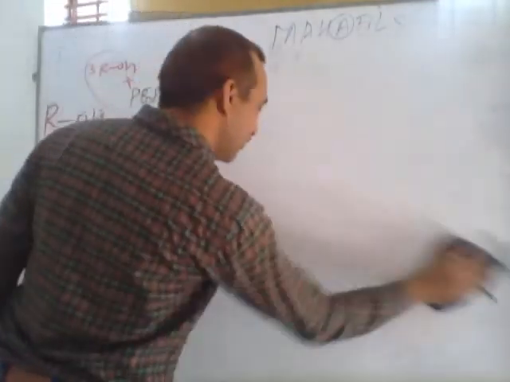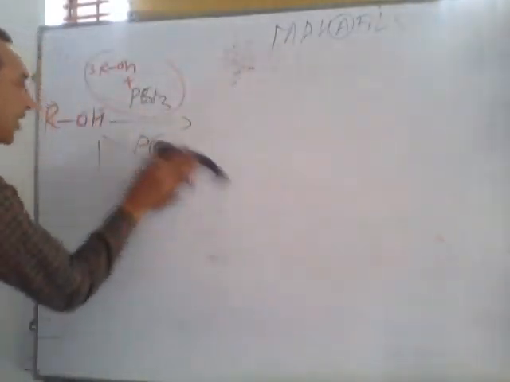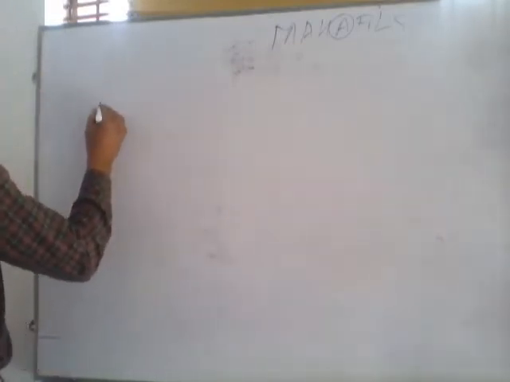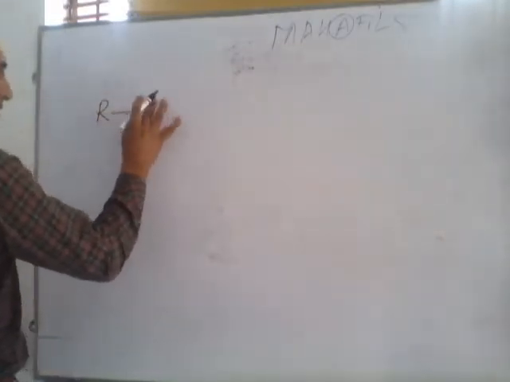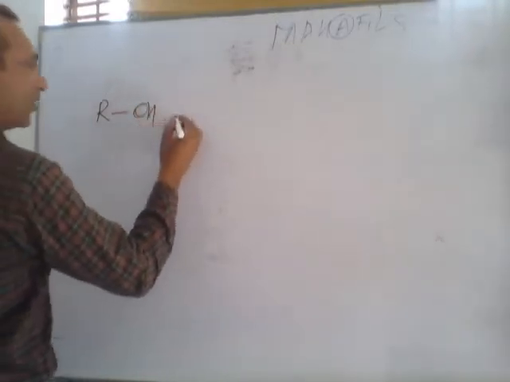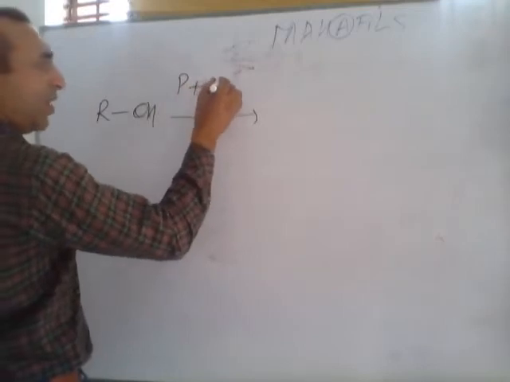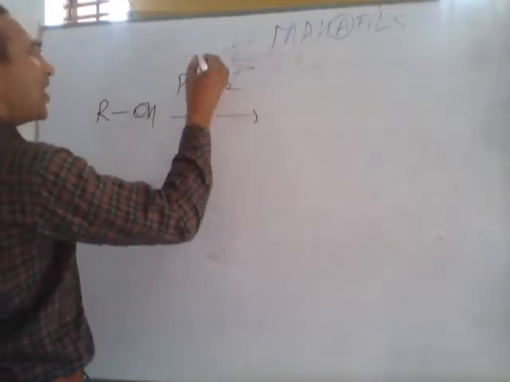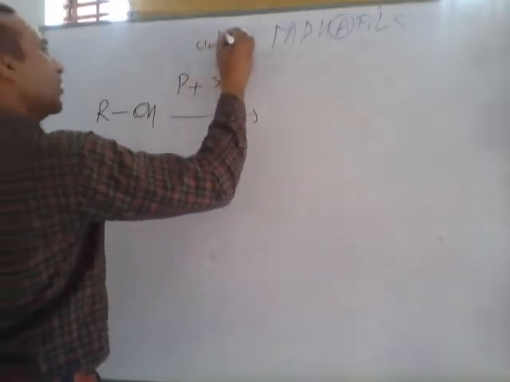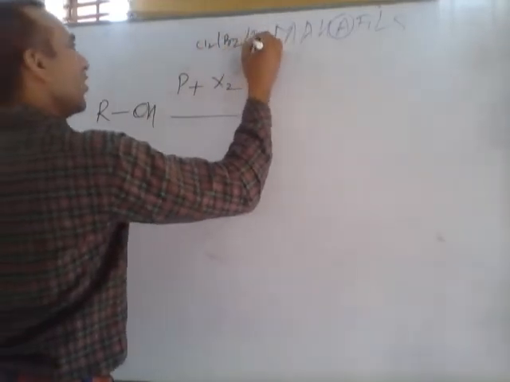If you want to form an iodo or bromo compound, then with ROH we use red phosphorus along with X2. This X may be chlorine, bromine or iodine.